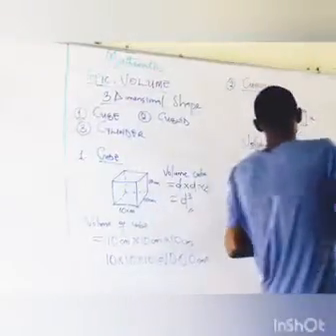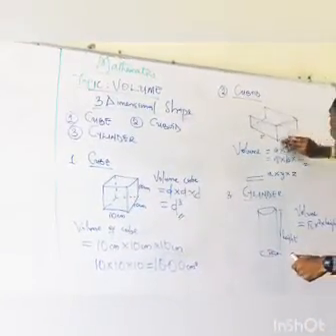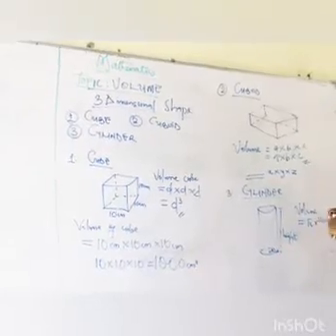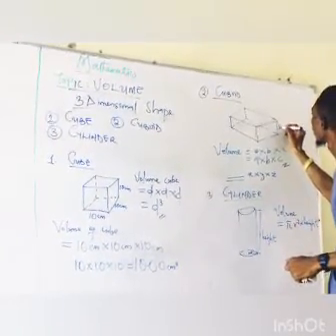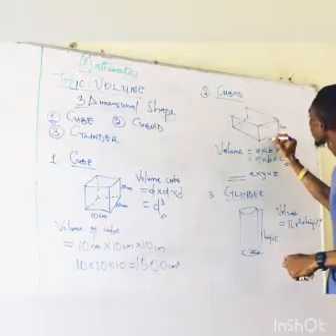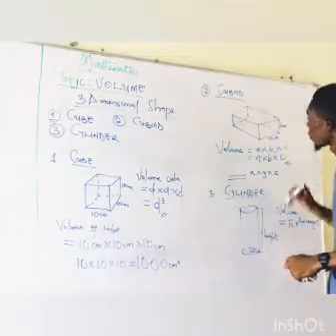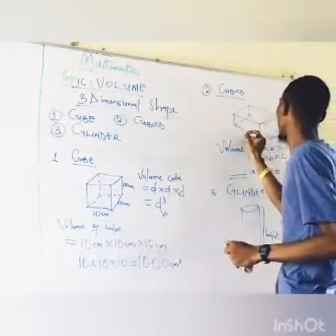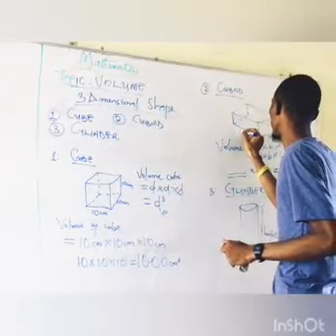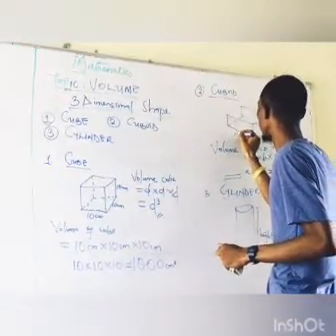Now let's try the same thing for the cuboid. Assuming this side is 5 centimeter, this side here is 10 centimeter, and this side here is, let's use 15 centimeter.